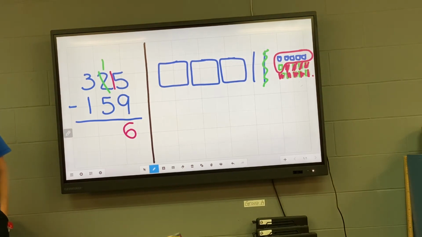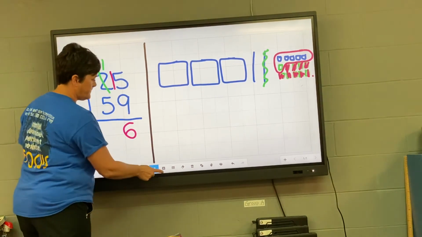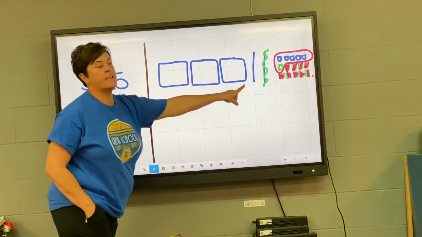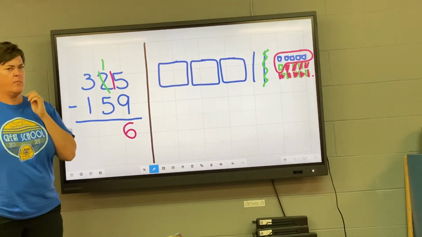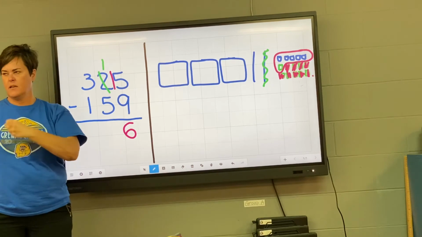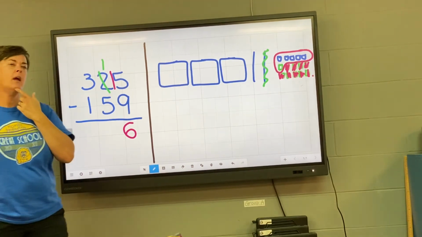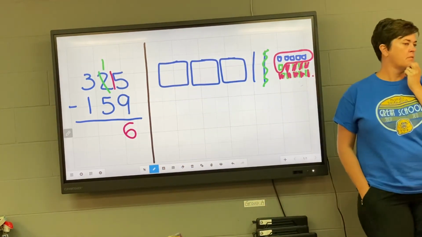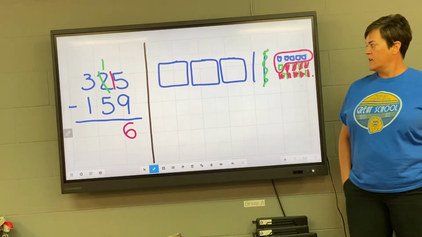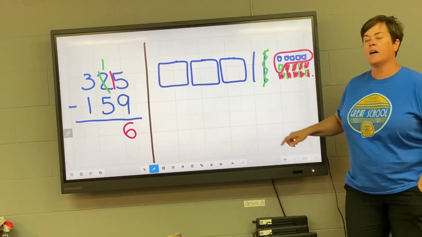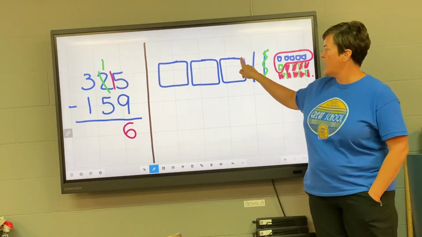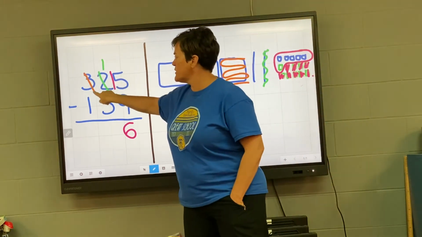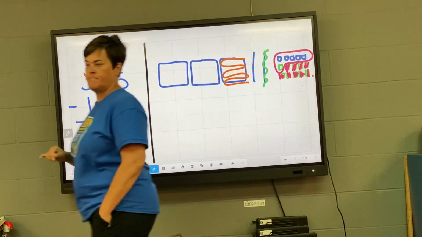Okay, moving on to our tens place. I have 1 ten, but I need to take 5 away. Where can I get some help from? From the hundreds. So if I take one of these hundreds out, how many hundreds will I have left? 2.